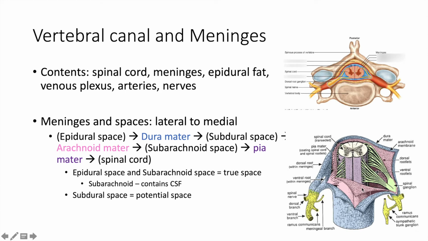So if we need to do a lumbar puncture because we think the patient has meningitis, for instance, then we have to go through our dura mater and our arachnoid mater in order to get into there, to get our lumbar puncture. And then we have to pull the needle back out. Our subdural space, that is a potential space. So if fluid fills in there or blood, that's really bad because there's not really any space. As you can see, the dura mater and arachnoid mater are really close together.